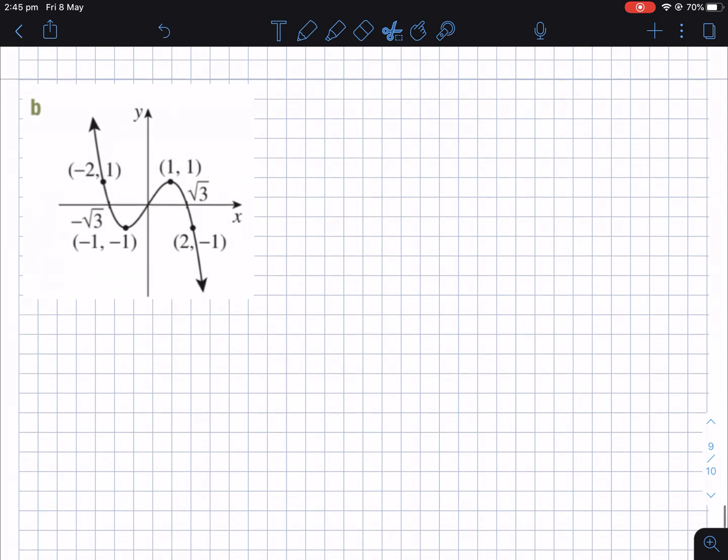Okay. So first thing to check, f of x equals 1, f of x equals minus 1. We're going to have the same thing, so let's put dots there. Well, this is f of x equals minus 1, and this is f of x equals 1, and this is f of x equals 1, and this is f of x equals minus 1. It's going to go through those 4 points. 1 on f of x goes through these points.